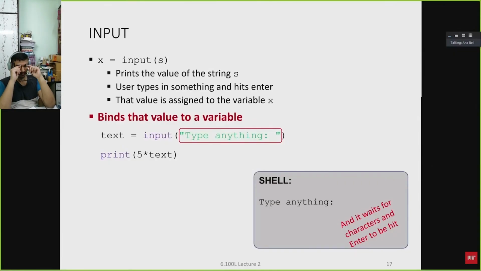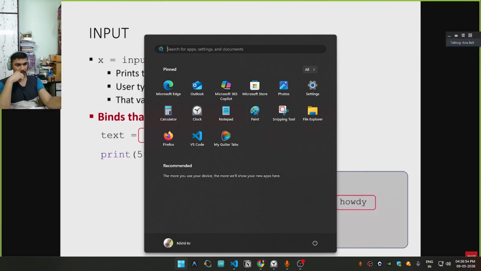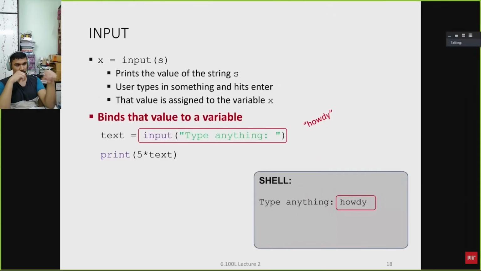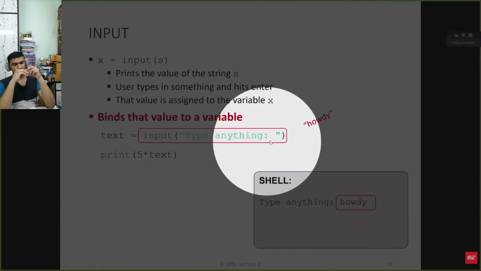It waits for the user to type some stuff in and hit enter. As soon as the user hits enter, whatever the user typed in, so let's say the user typed in howdy, whatever the user types in will be saved as a string, sort of replacing this input statement.